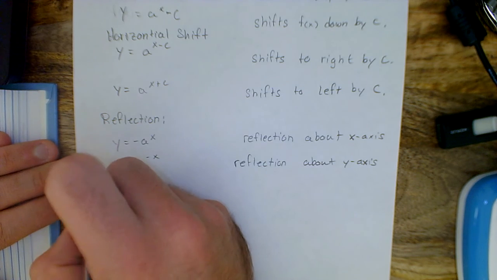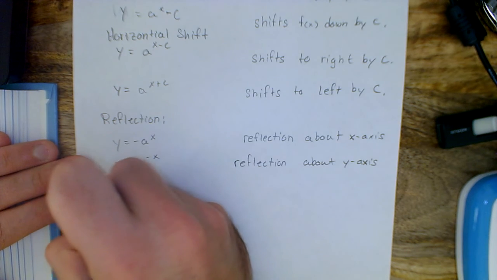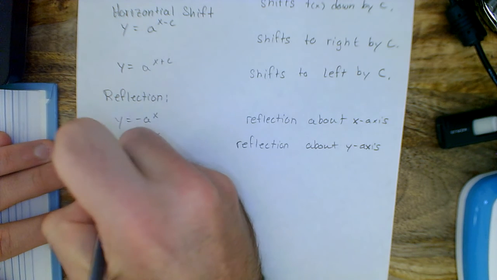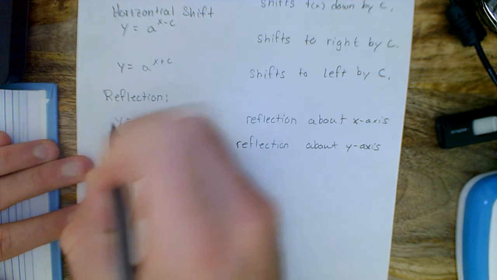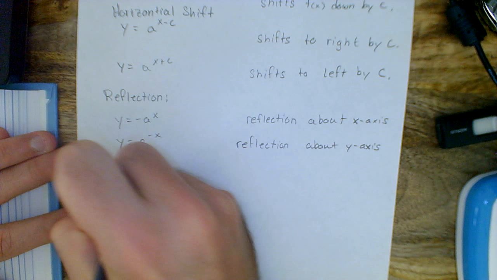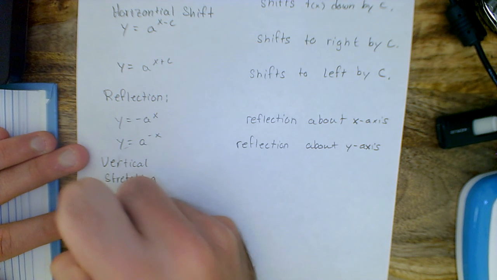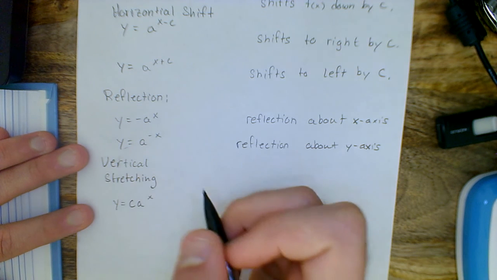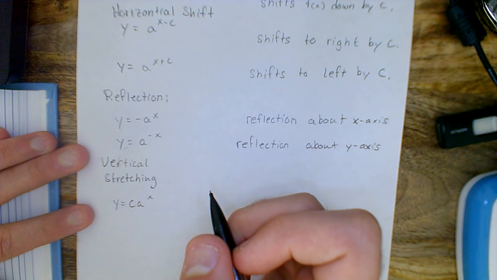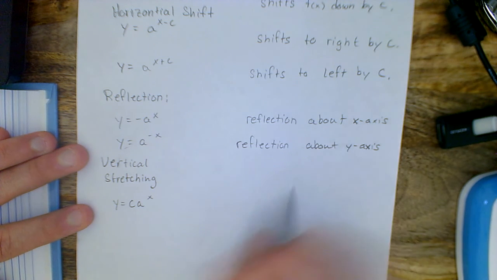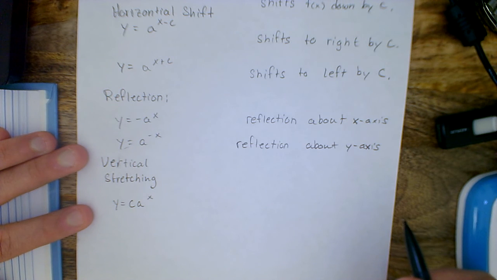Okay, and then vertical stretching or compressing. If you did y equals c times a to the x, that stretches the graph or compresses it.